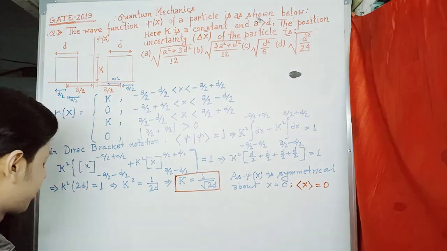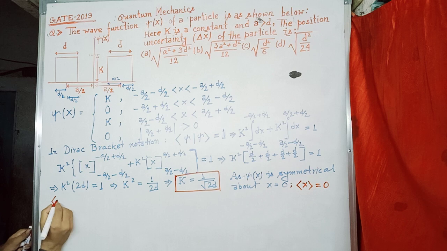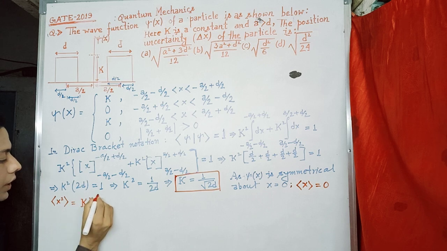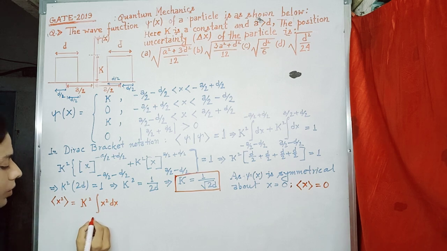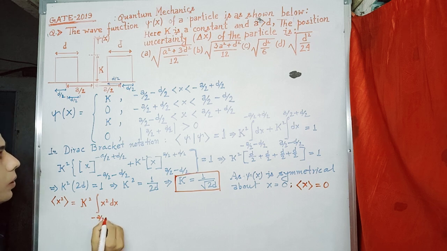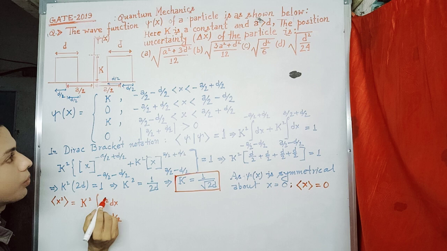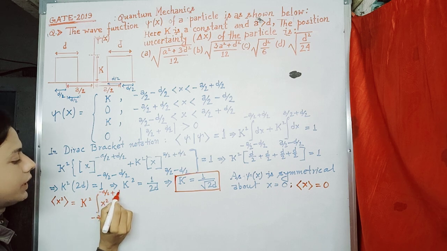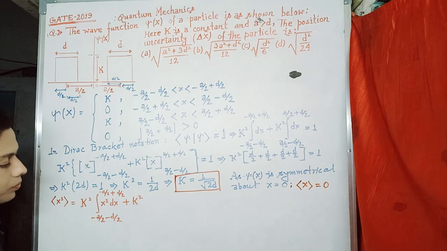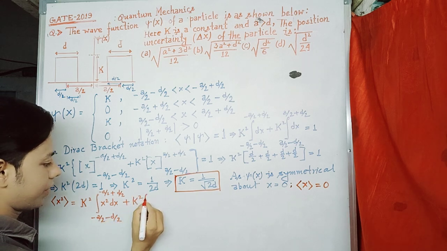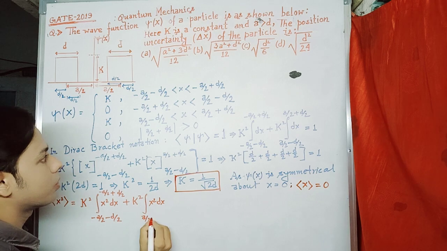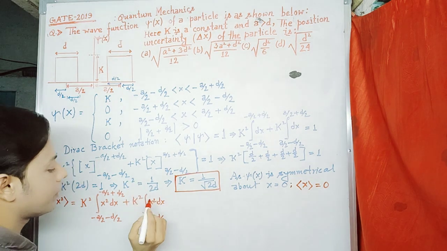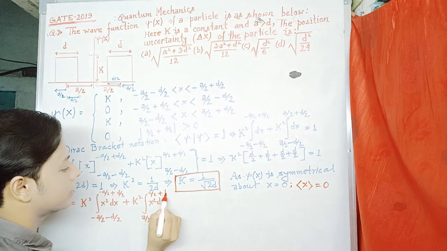For finding it, we write the average value of x square equal to k square integration of x square dx, with limits minus a divided by 2 minus d divided by 2 to minus a divided by 2 plus d divided by 2, plus k square integration of x square dx, with limits a divided by 2 minus d divided by 2 to a divided by 2 plus d divided by 2.